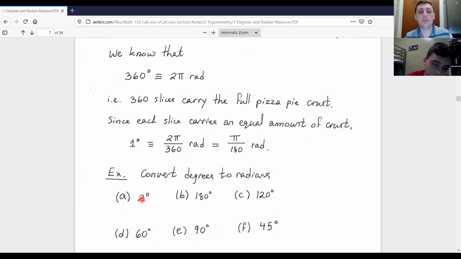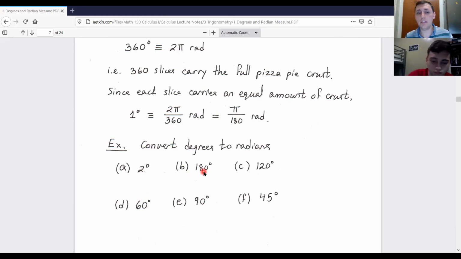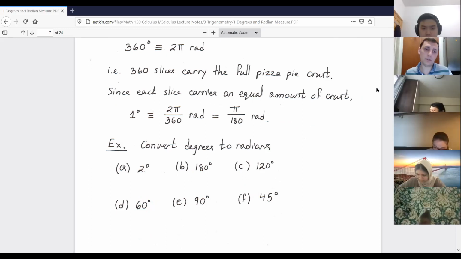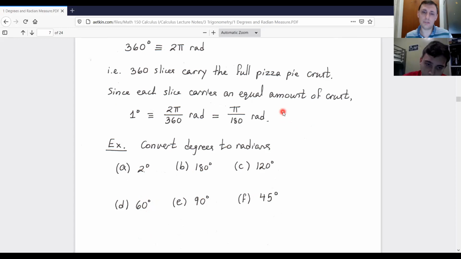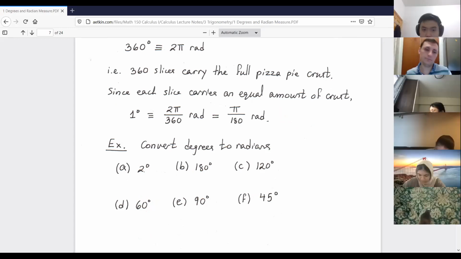Now, if you understood it, please convert. What is 2 degrees? Tell me what's 2 degrees, what's 180 degrees, what's 120, 60, 90, 45. Begin with 2 degrees. Quickly tell me what's 2 degrees. Yes, Christina, yes, Humaira.